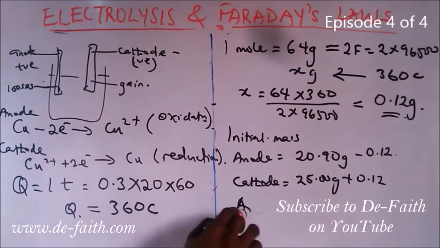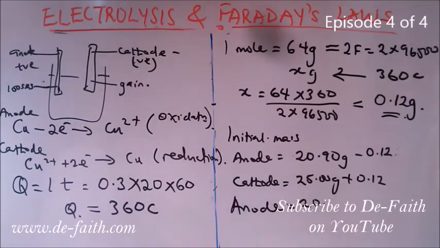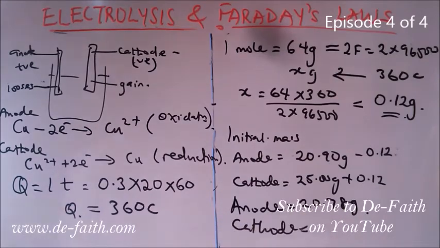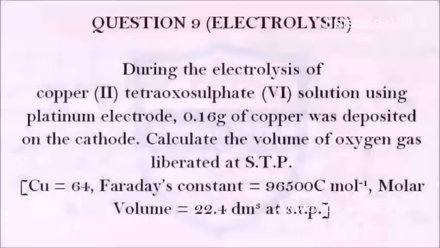Hence, the final mass at the anode is 20.78 grams, while at the cathode, the final mass is 25.12 grams.